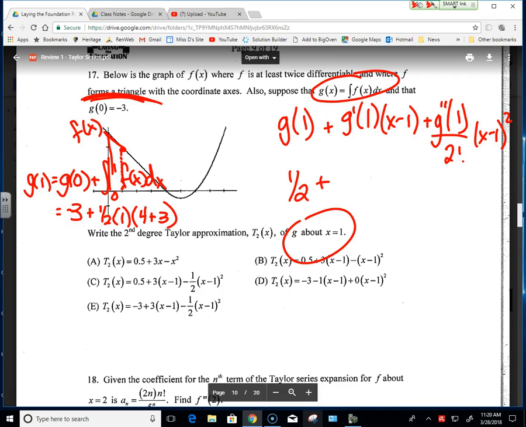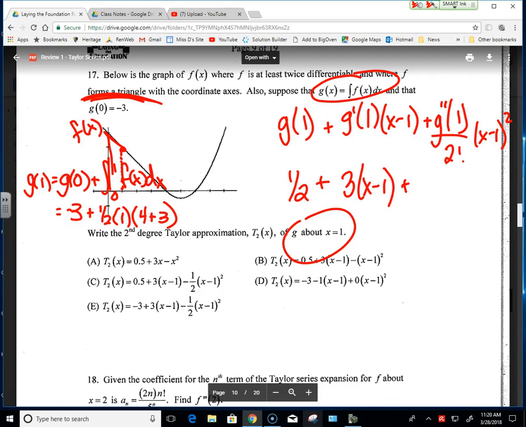Okay. How do we find g prime of 1? Hey! Fundamental theorem of calculus. Derivative of g is f. And the derivative of g at 1 is f at 1. And what is f at 1? We just found it. 3. Okay. g double prime.